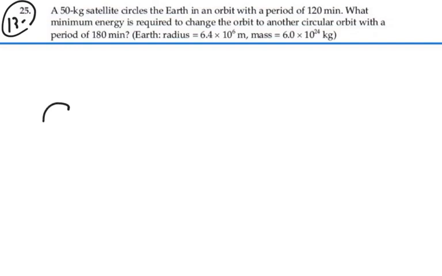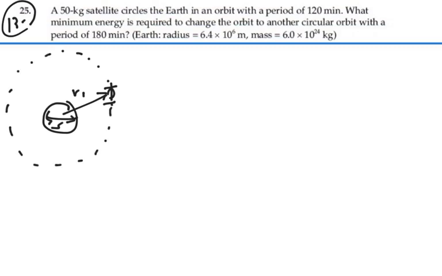All right, so we have Earth, and we have a satellite at some radius R1, which we don't know. And it goes around with a period, let's call it T1, of 120 minutes.